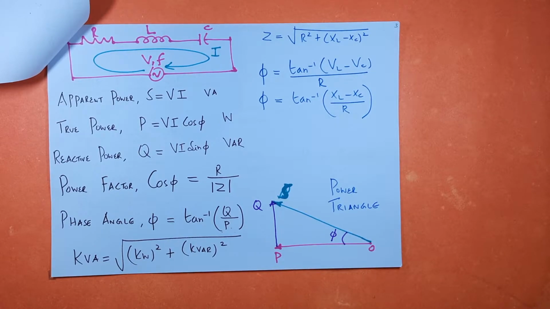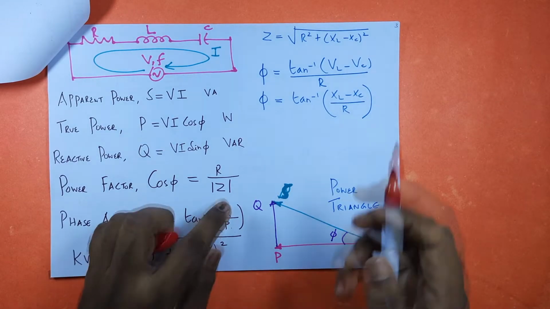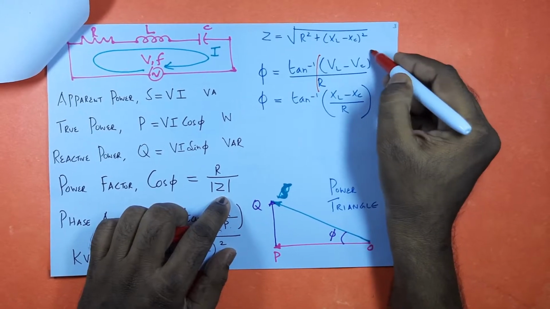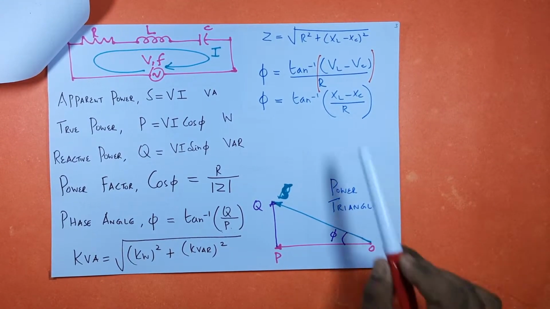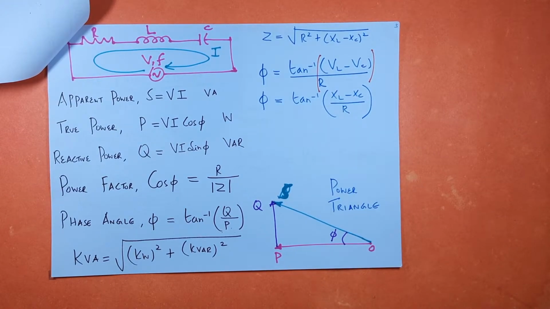Phi is a phase angle which is given by tan inverse of (VL minus VC) divided by R. Also, phi equals tan inverse of (XL minus XC) by R.